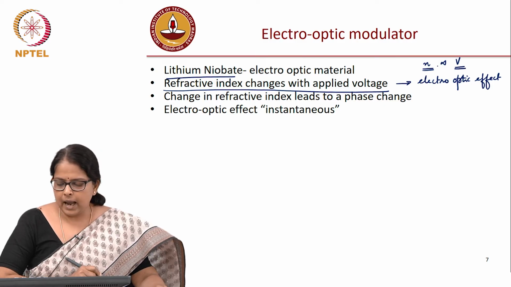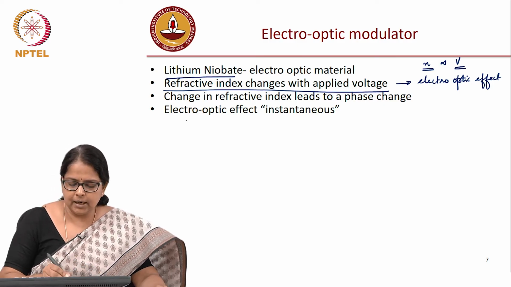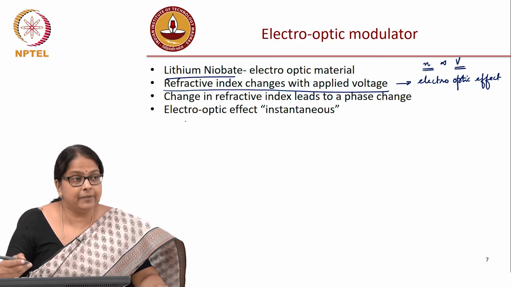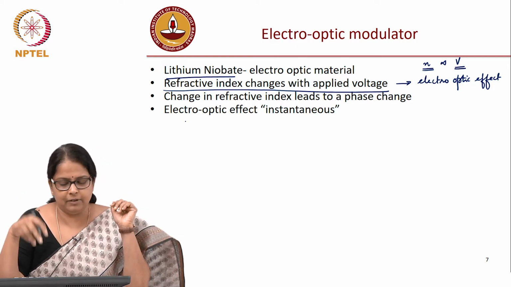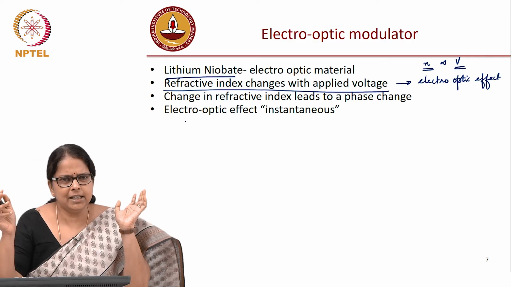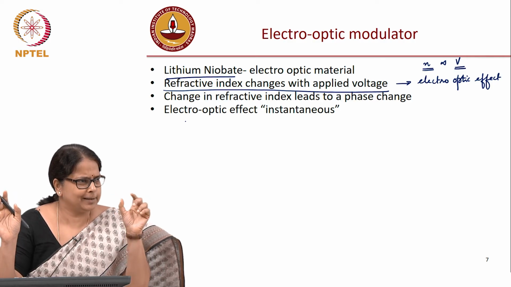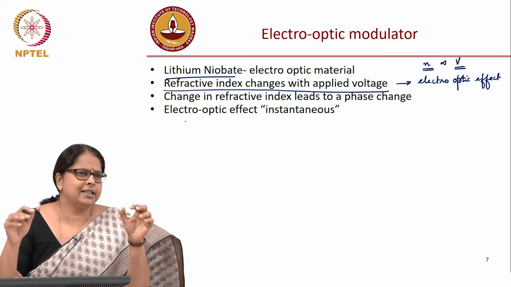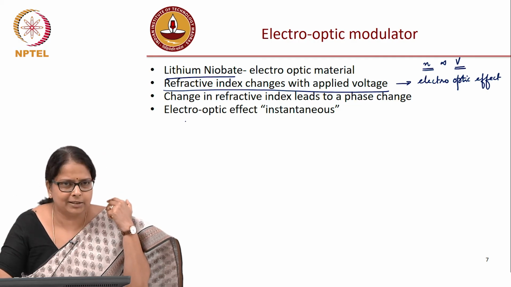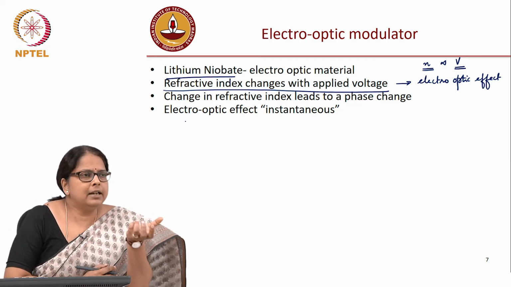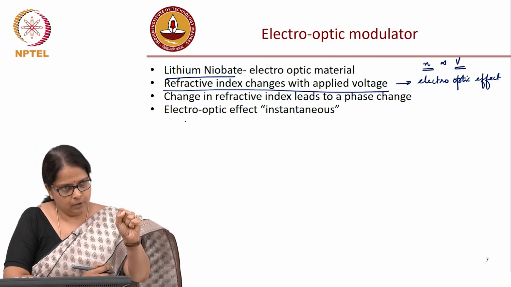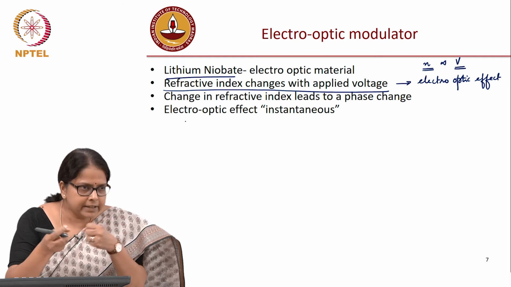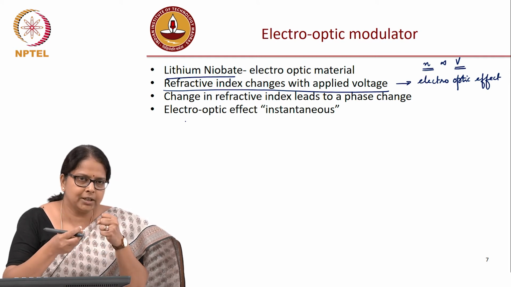Okay. And the beauty is the electro-optic effect itself is like instantaneous, even though, nothing is instantaneous, it's instantaneous with respect to what is the question, right. So, in the electro-optic effect, what really happens is when you apply a voltage to the system, the dielectric properties of the system change.